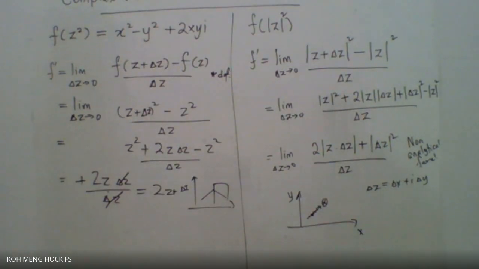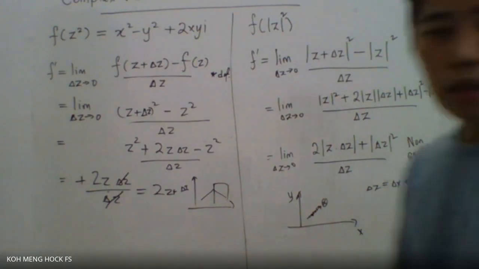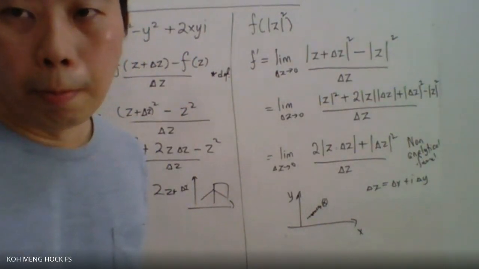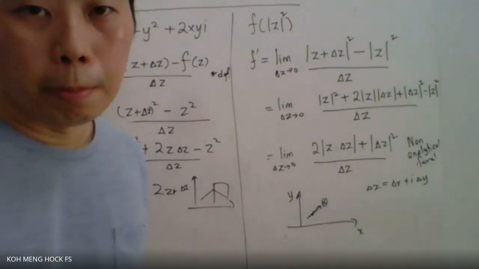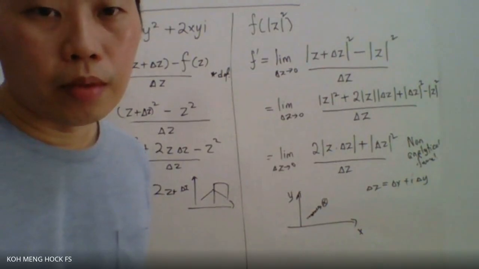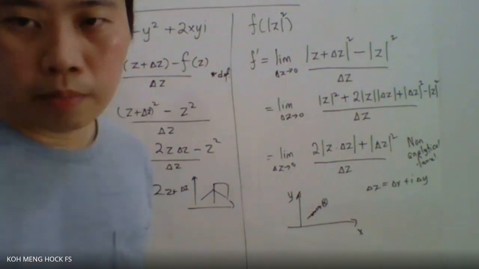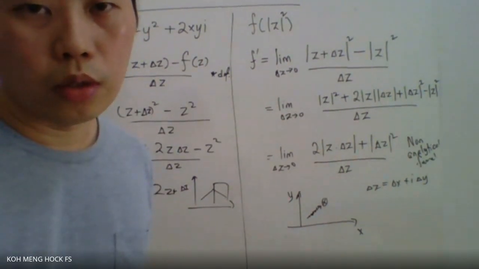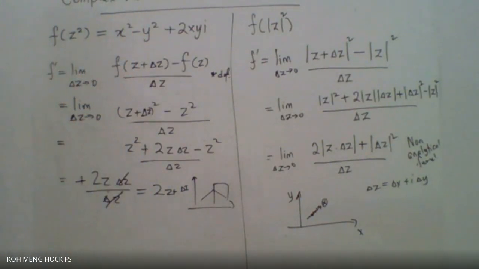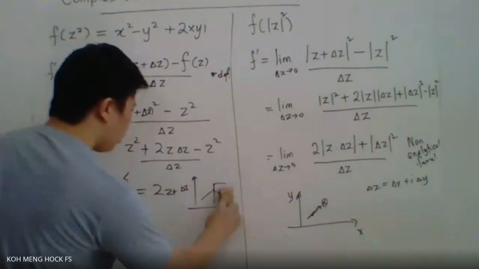Let me just go back to the one on the left. Let me check. Let me see, where am I? Yeah, I think I didn't do a very good job here.